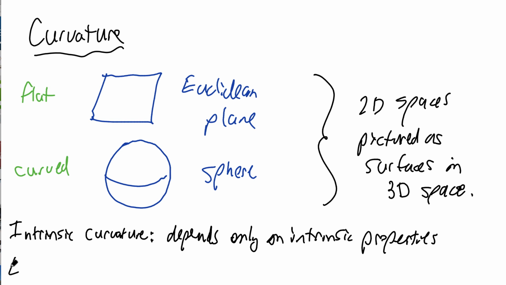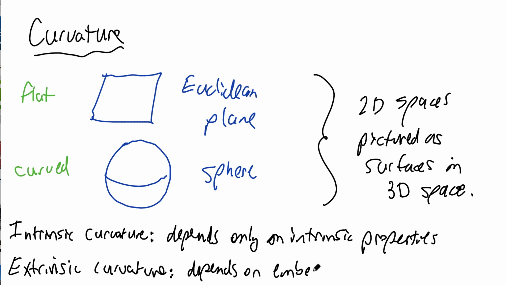On the other hand, extrinsic curvature depends on the way the space is embedded in a higher dimensional space or space-time.